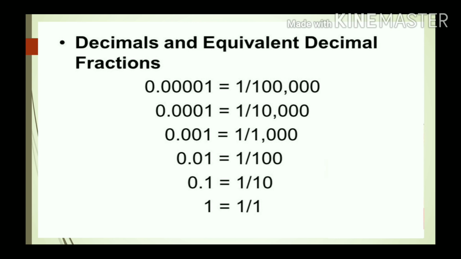So here students, you can see the number of decimal places is equal to the number of zeros in the denominator. So that's all for today, and I hope you have understood all these points.